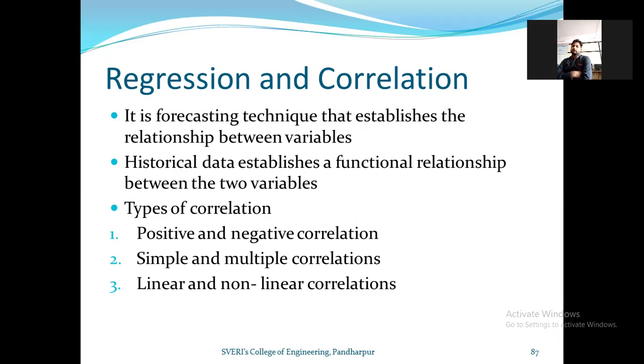Next point, types of correlations. First one is positive and negative correlations.